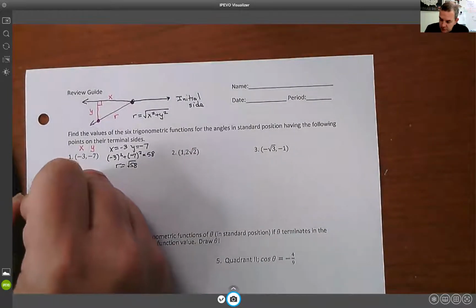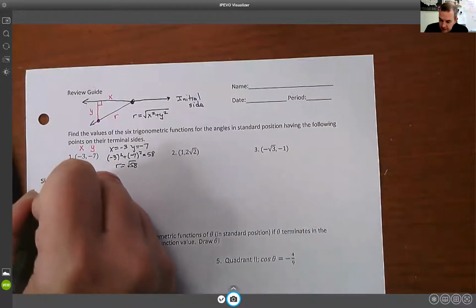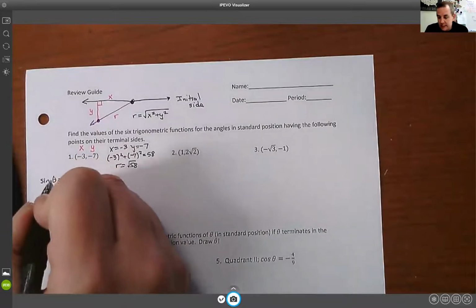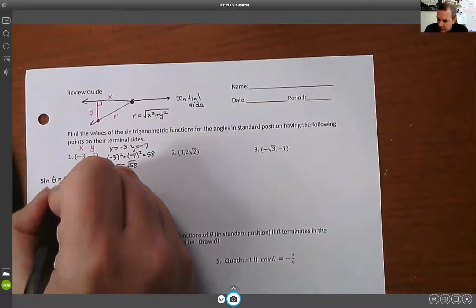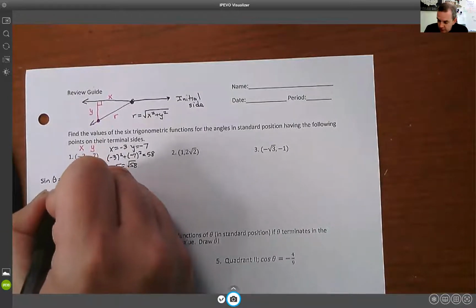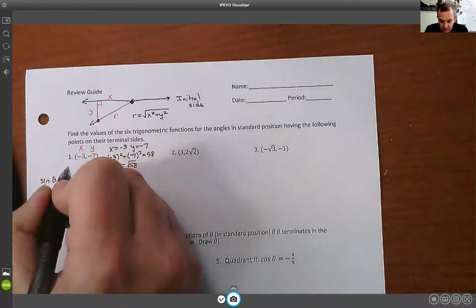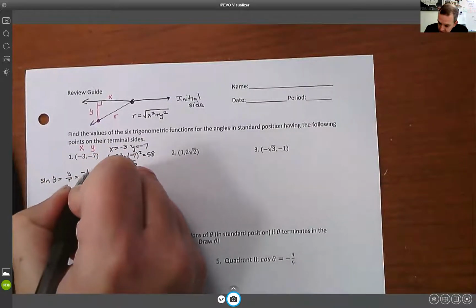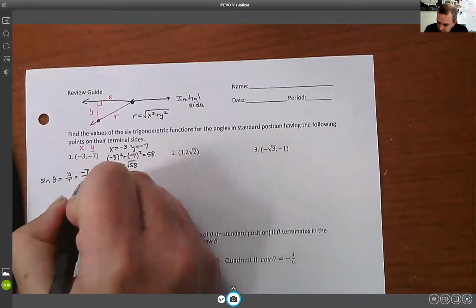And then we use all of our ratios that we've done. So we've got sine theta, and sine theta is going to be Y over R. So it's the value of -7 over R, the square root of 58.